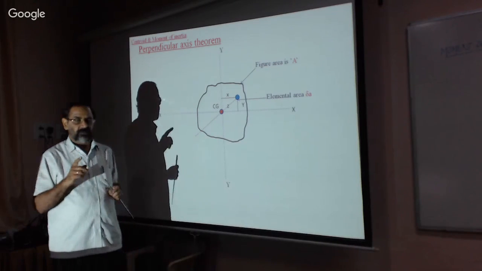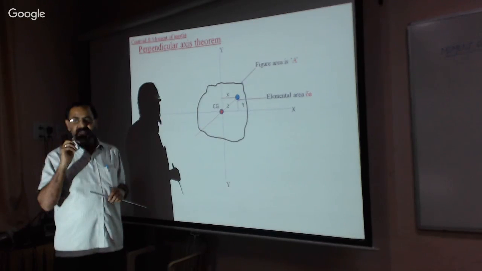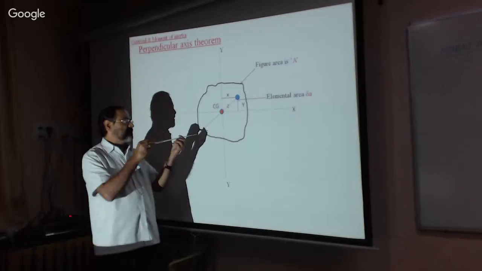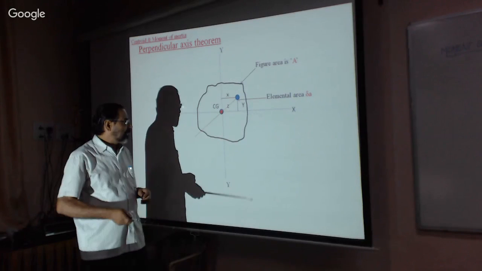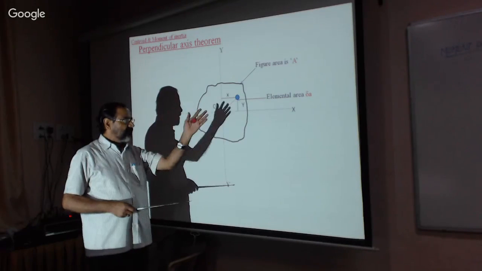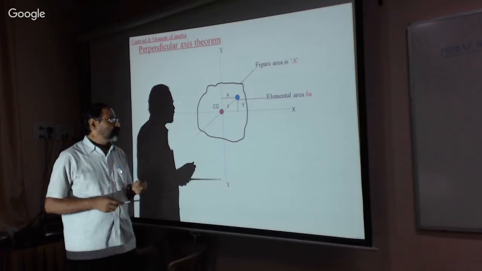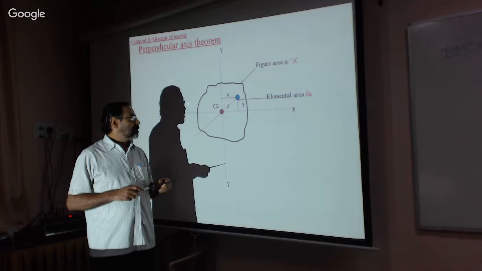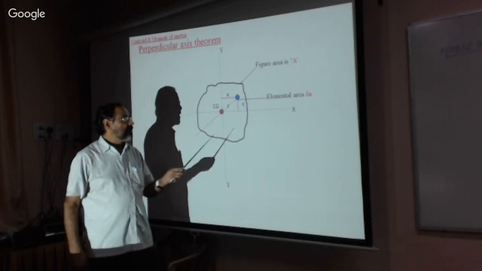Therefore, these axes are called centroidal axes: centroidal x axis, centroidal y axis, centroidal z axis of the given figure of area A.